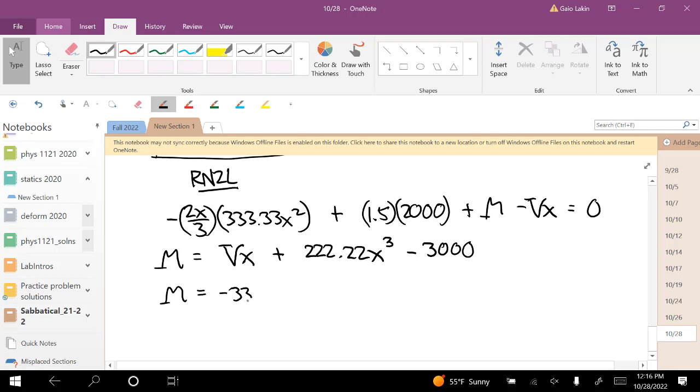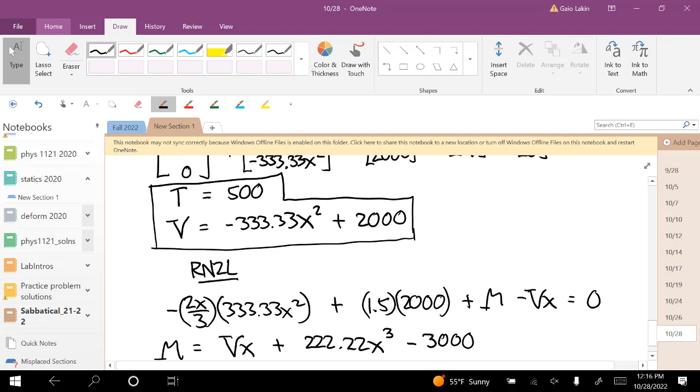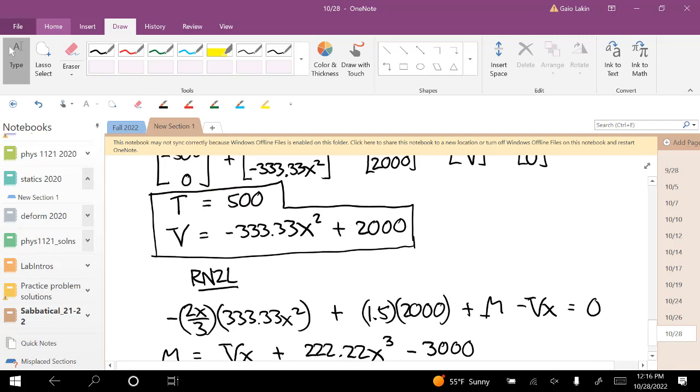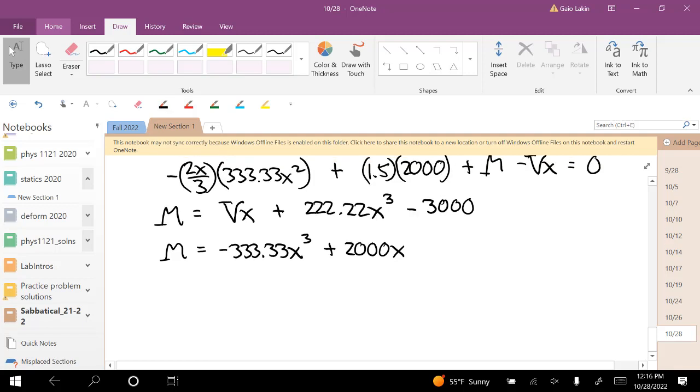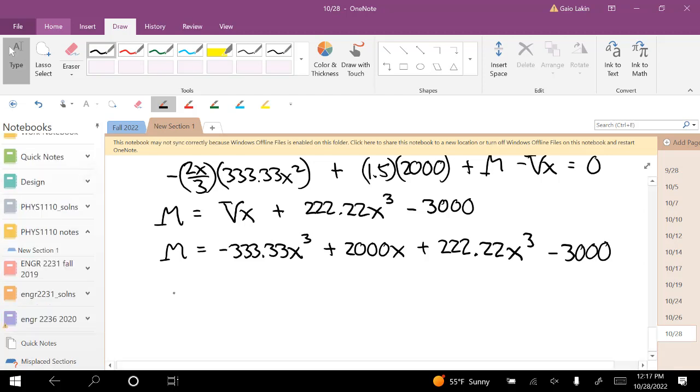So we have negative 333.3 repeating x squared times x is x cubed, plus 2000x, plus 222.2 repeating x cubed, minus 3000. And now add up the cubes, and you get m is equal to negative 111.1 repeating x cubed, plus 2000x, minus 3000.